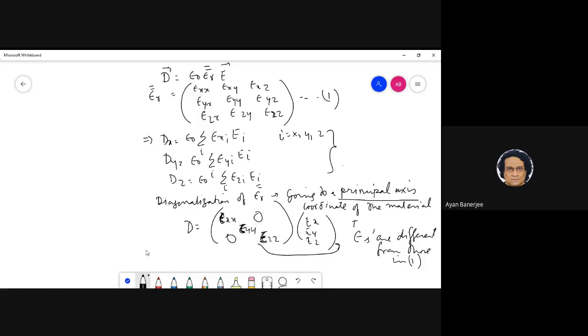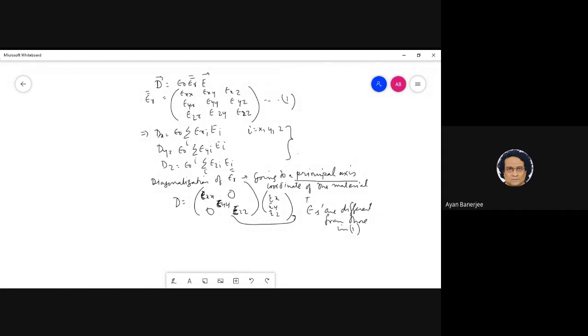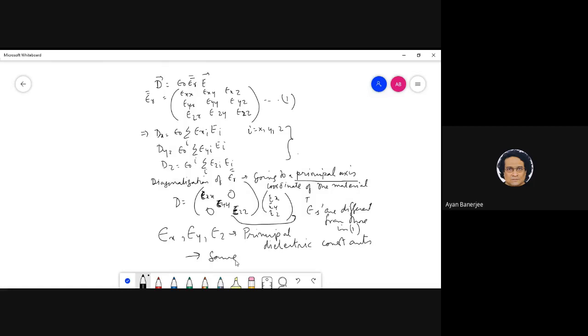In this case, what we will specify here is that these epsilon X, epsilon Y, epsilon Z are the principal dielectric constants, and you have the absolutely same treatment for the susceptibility as well.